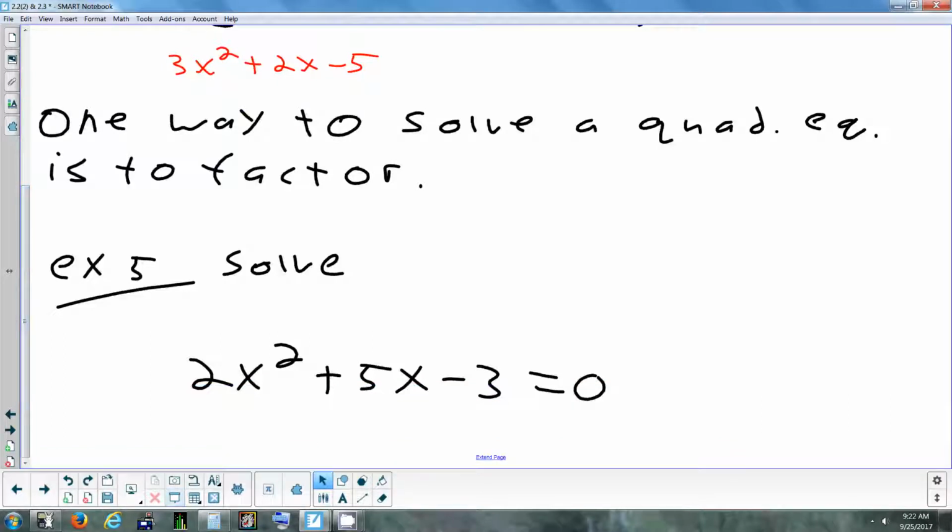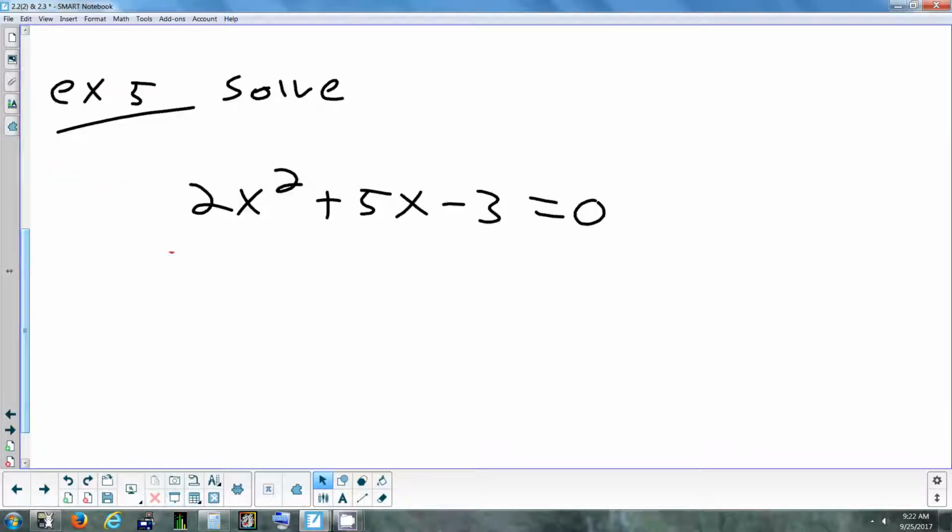All right, so since I just mentioned factoring is the first way to solve it, this one probably will factor. And what would be my first term in each parenthesis?